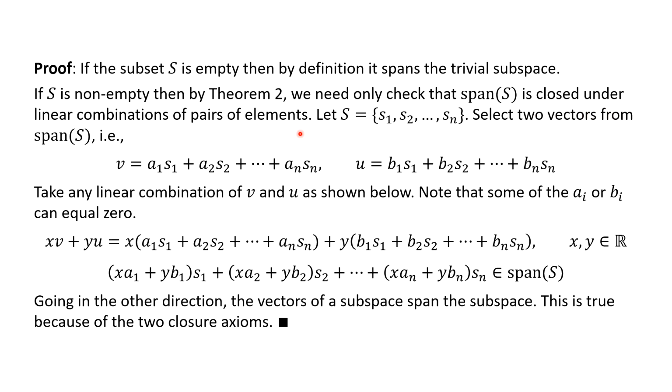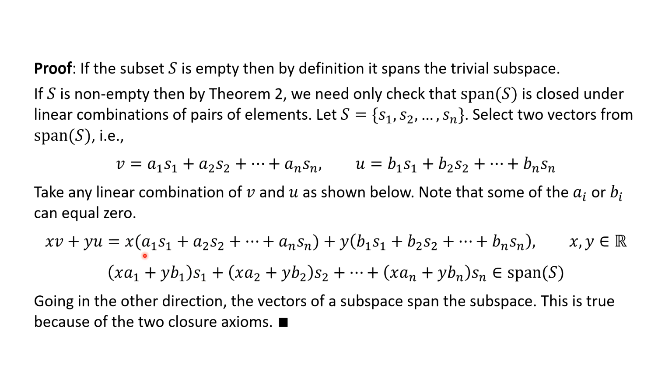We take two vectors from our span, v and u, and they can be written in this format here by definition. And then we take any linear combination of u and v. So we have xv plus yu, where x and y are scalars. We write that out here. And then you can collect terms.